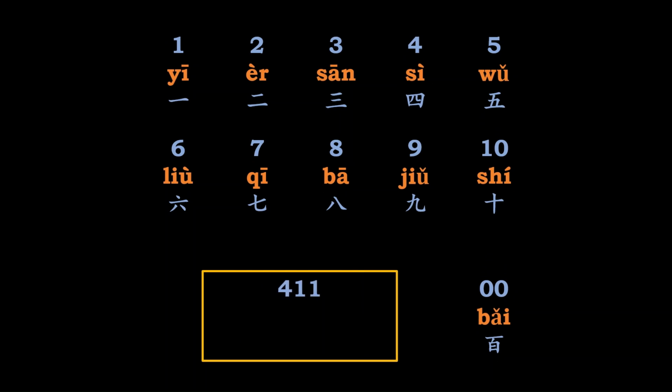How about 411? Well, that's 400, one ten, and 1. 四百, 一十, and 一. So 411 is 四百一十一.